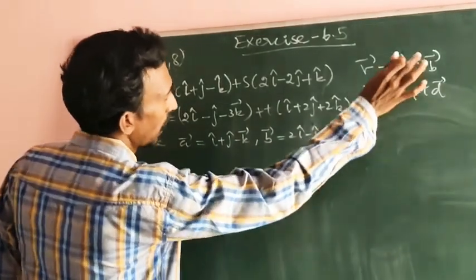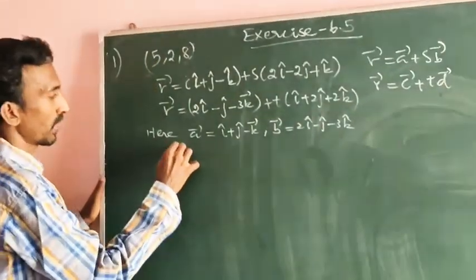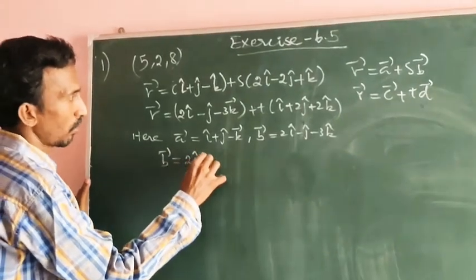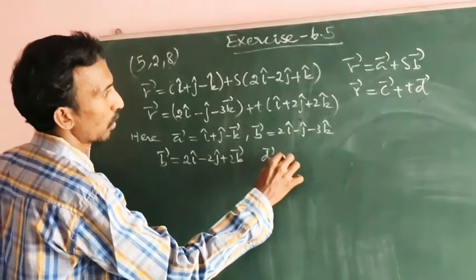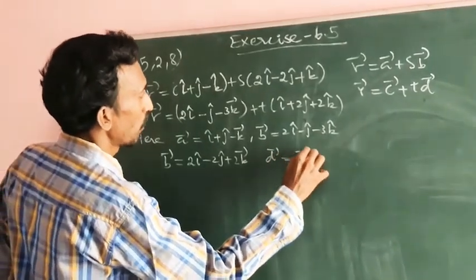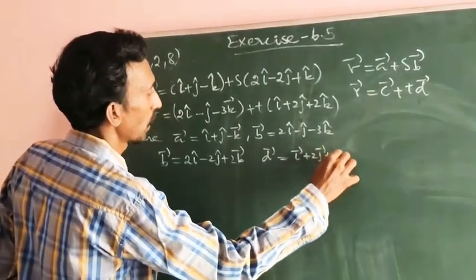We need only b and d. B vector equal to 2i minus 2j plus k, d vector equal to i plus 2j plus 2k.